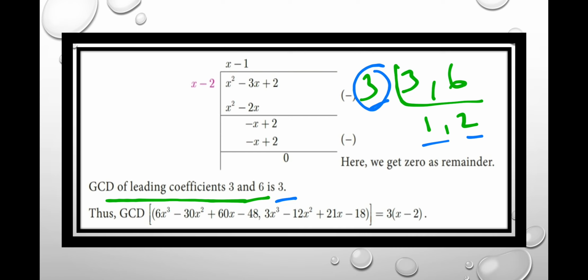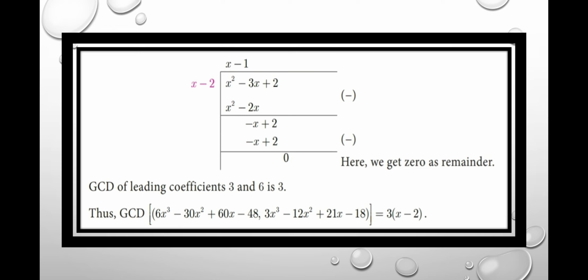Therefore, the GCD of the given polynomials 6x cube minus 30x square plus 60x minus 48 and 3x cube minus 12x square plus 21x minus 18 is equal to the GCD of the numerical coefficients, which is 3, and the GCD of the polynomials, x minus 2, that is this one. So, you have to write it as a product.